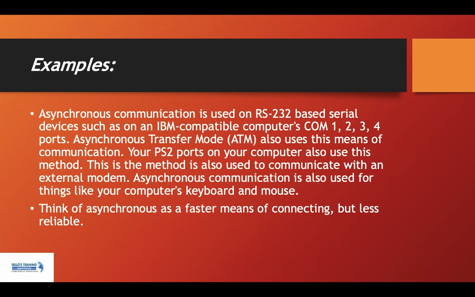Now, examples of asynchronous communication: it is used on RS-232 based serial devices, such as on an IBM compatible computer's COM1, 2, 3, 4 ports. Asynchronous Transfer Mode, ATM, also uses this means of communication.